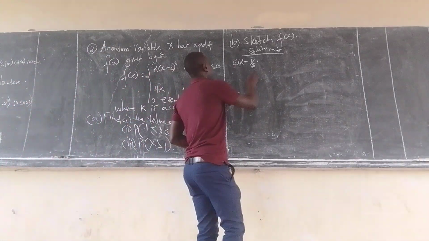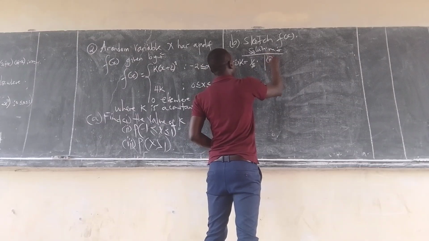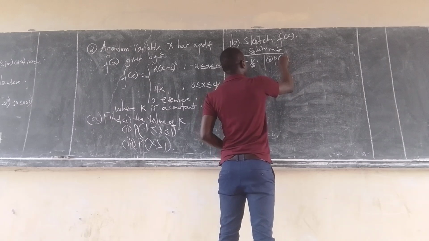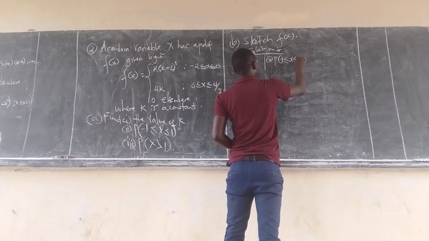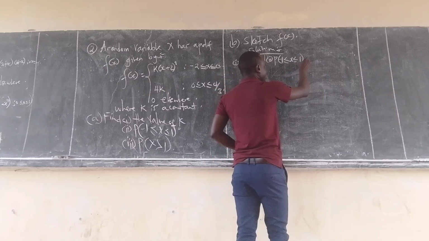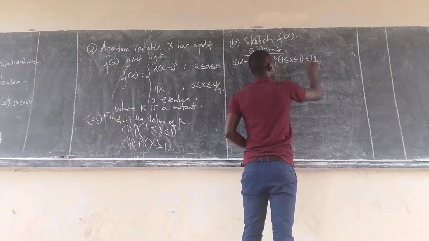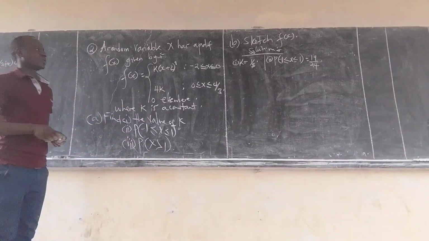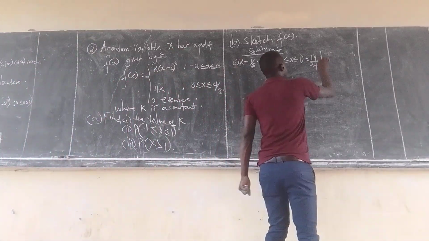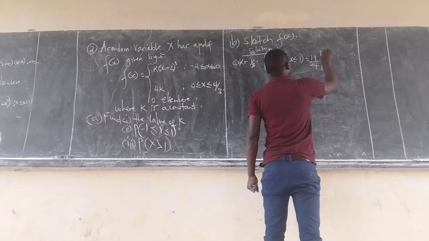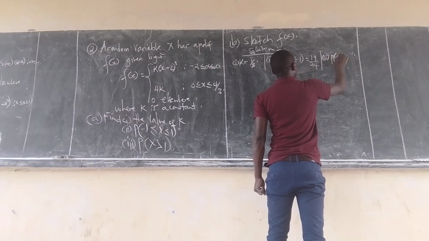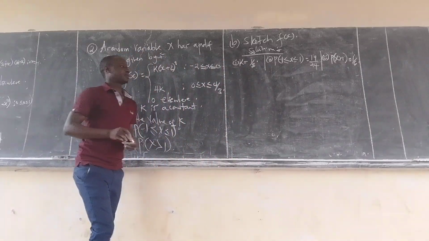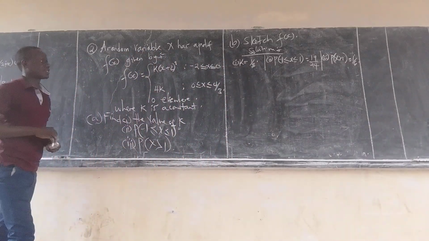Then part 2, which is the probability that negative 1 is less than or equal to x, less than or equal to 1, you will check and see whether the answer is 19 over 24, and then part 3, which is the probability x is greater than 1, you will check and see whether the answer is 1 over 6.